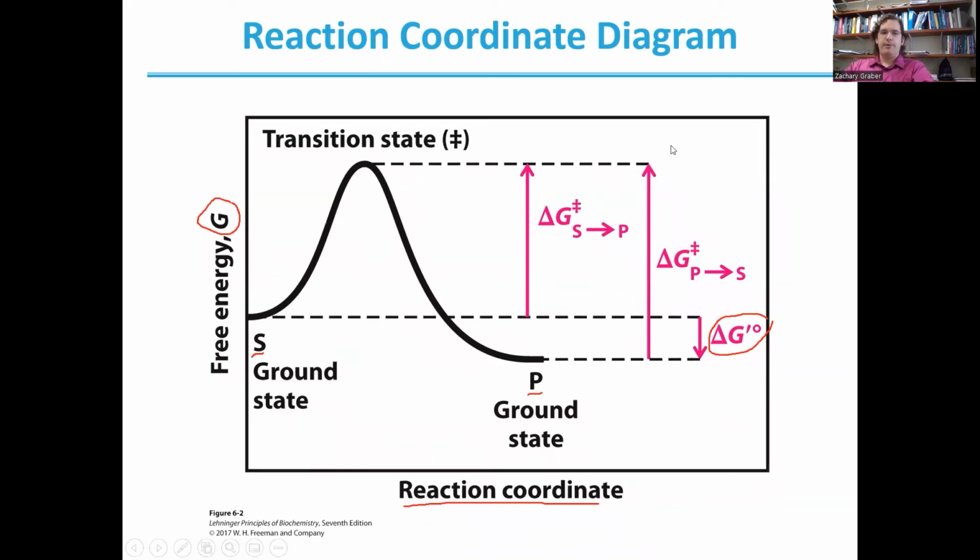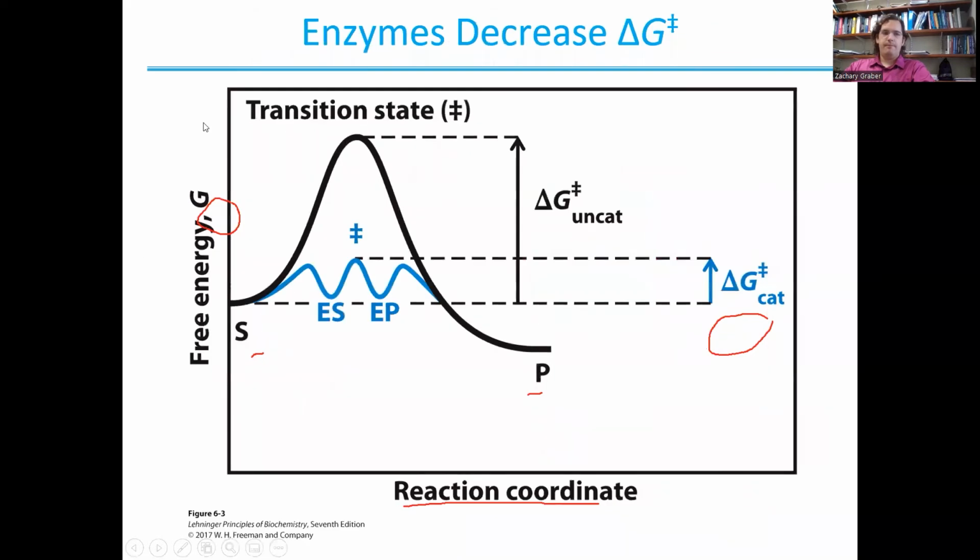So let's look at what happens when we bring in our enzyme. So we have the same diagram here, our free energy and our reaction coordinate, showing the change in our substrate over time. And you'll notice for our uncatalyzed reaction, again, we have that free energy barrier, our activation energy. And in the blue here, we have our catalyzed reaction, where it has reduced that activation energy barrier, right?